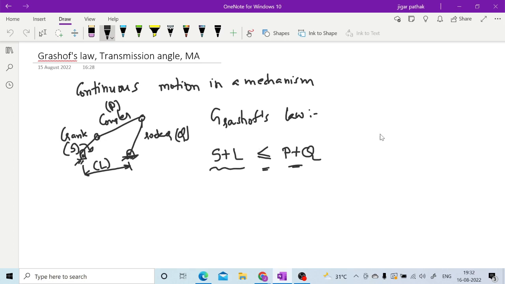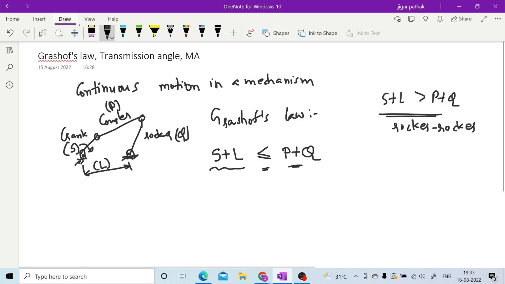If S plus L is greater than P plus Q, then Grashoff's law is not satisfied. You will not have the crank and rocker mechanism or crank mechanism. The only remaining option will be the rocker mechanism in case Grashoff's law is not satisfied. So this is the importance of Grashoff's law.